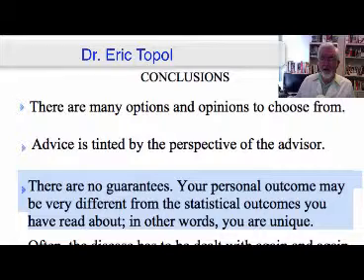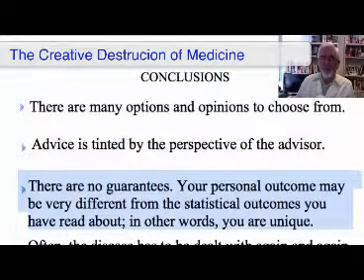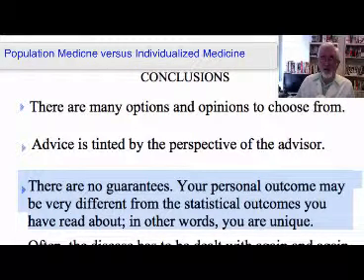Dr. Eric Topol, in his recent book about the creative destruction of medicine, coined the term population medicine, which means we try to make a decision on individual care by looking at a large group of patients and trying to find an average of what would be the best way to go. But we have to resort to individualized medicine and really try to remember that population medicine and all the studies are only a suggestion.